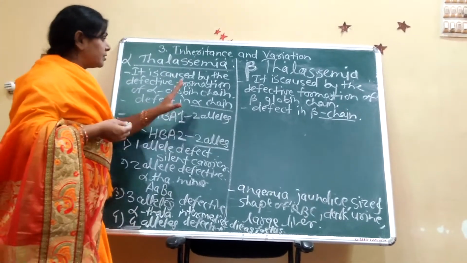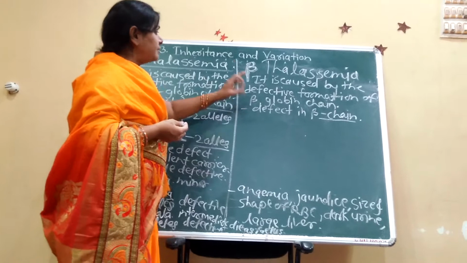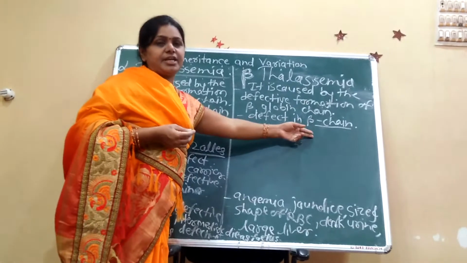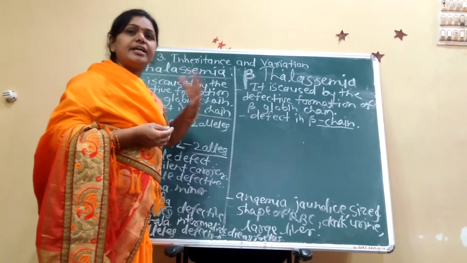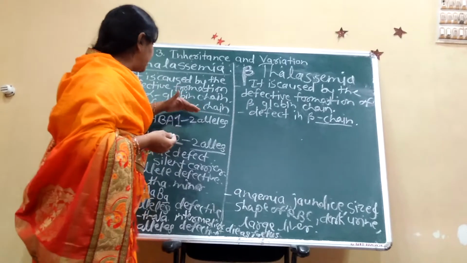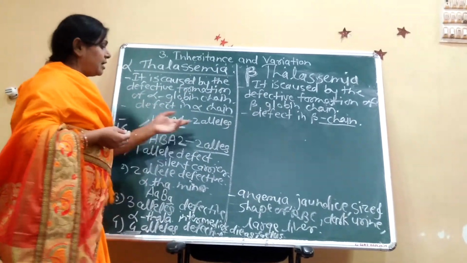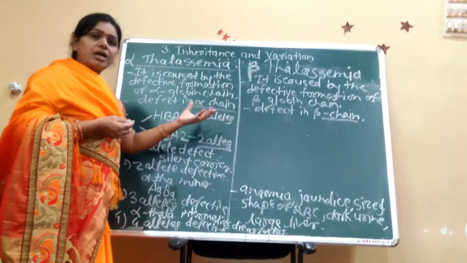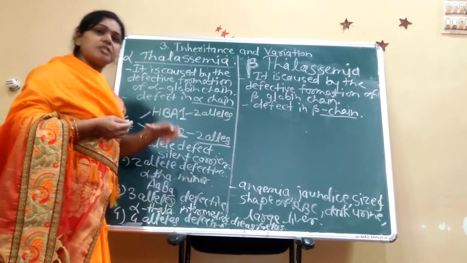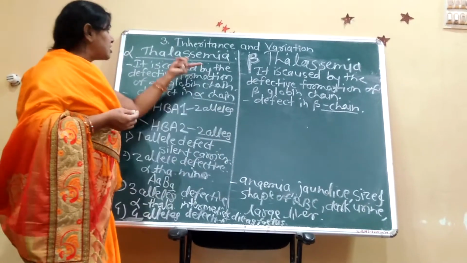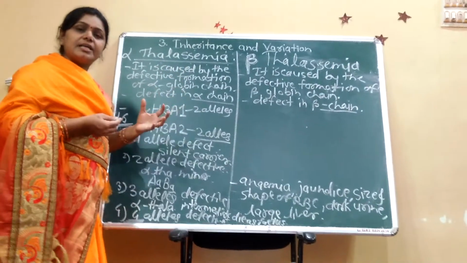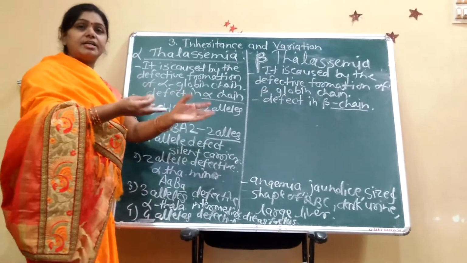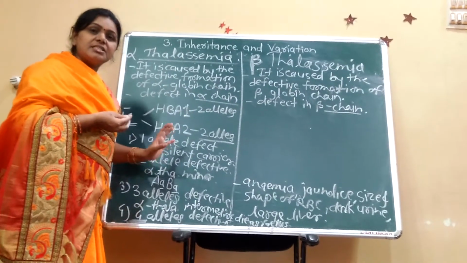Then beta thalassemia. In beta thalassemia, there is a defect in the beta chain. We know that it is a quantitative disorder. In alpha thalassemia, when there is a defect in the alpha chain, or the alpha chain is not produced because of the defect, it causes alpha thalassemia. That means the quantity of alpha chain decreases and the quantity of beta chain increases in this condition.